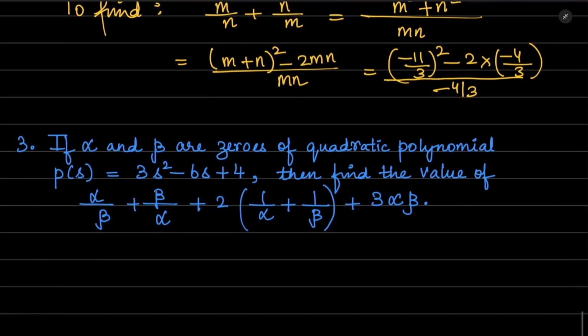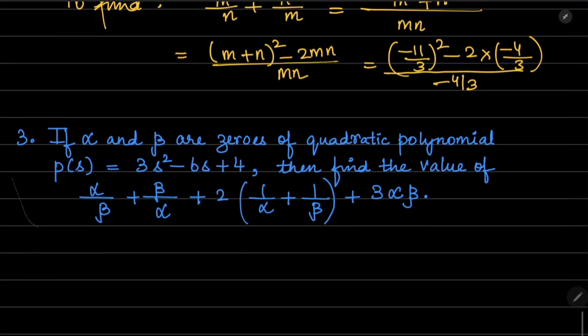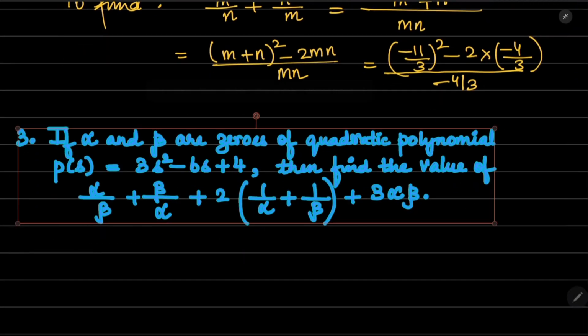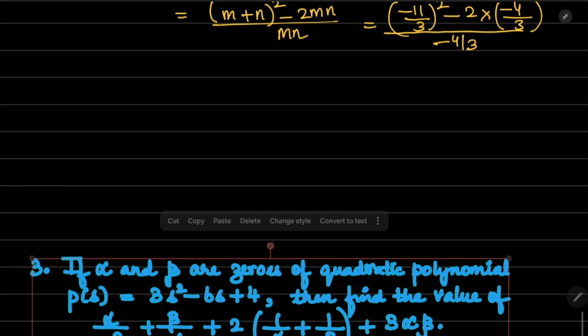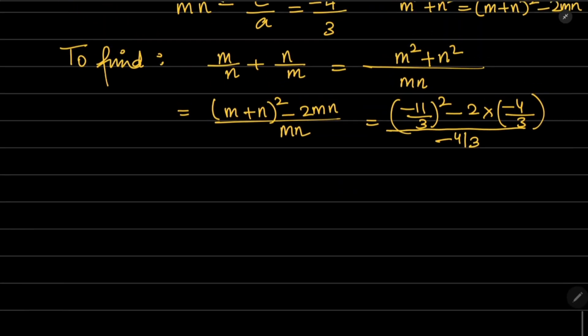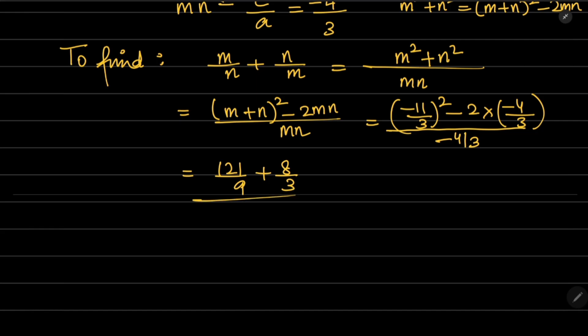Let me just shift the question a little below so that I have space to do it. So what is (−11/3)²? 11² is 121, so 121/9, plus 2 fours are 8/3, whole divided by −4/3.